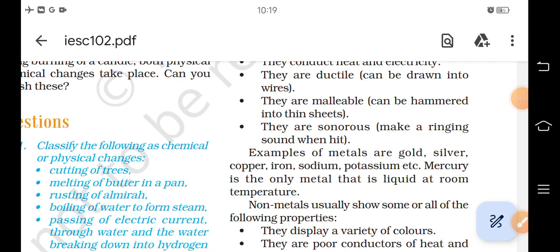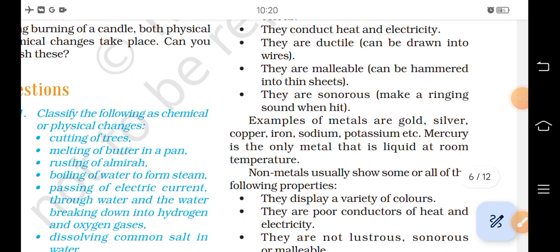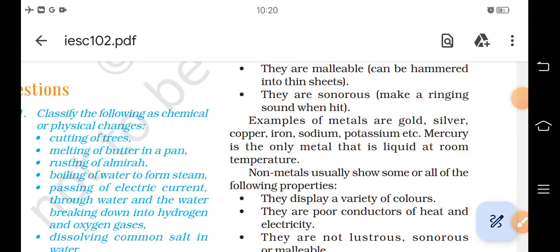They are ductile, can be drawn into wires. They are malleable, can be hammered into thin sheets. They are sonorous, make a ringing sound when hit. Examples of metals are gold, silver, copper, iron, sodium, potassium, etc.